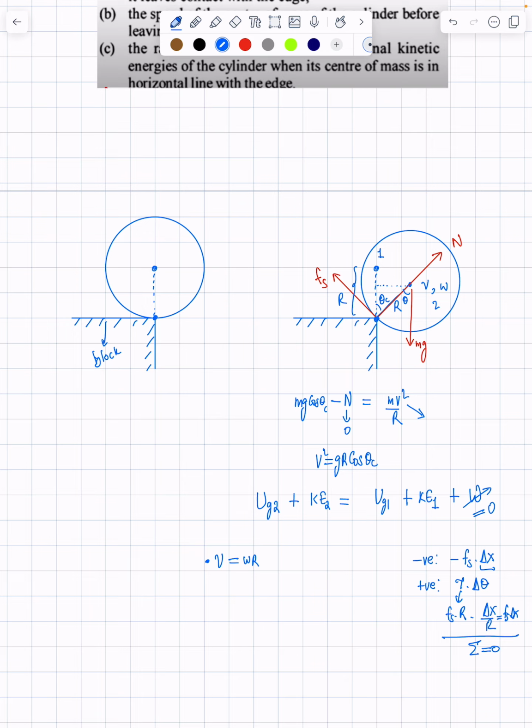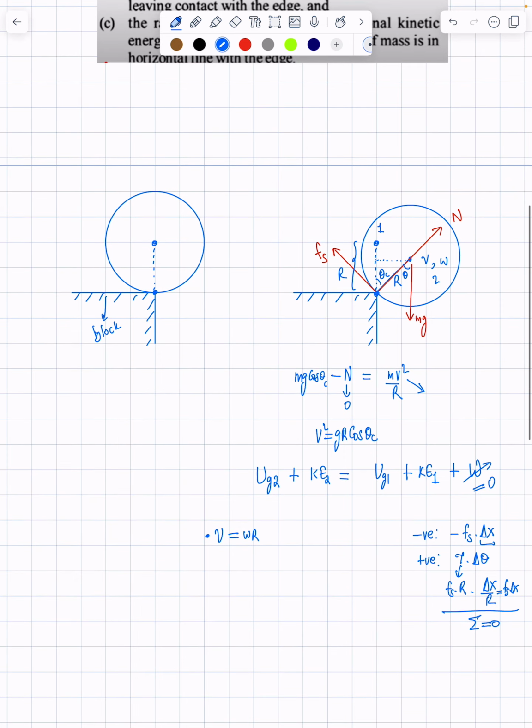What it means is when going from point 1 to point 2, the cylinder loses potential energy, and that has to be equal to the kinetic energy gained. So we can just say that delta U is same as delta K, and the change in potential energy is nothing but mg times change in the height.